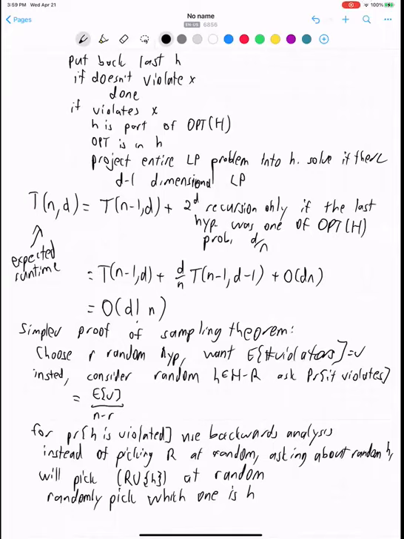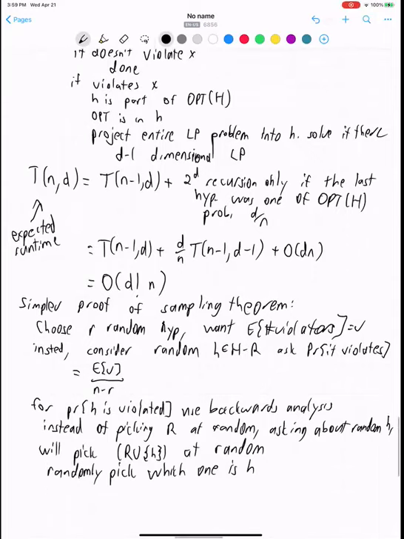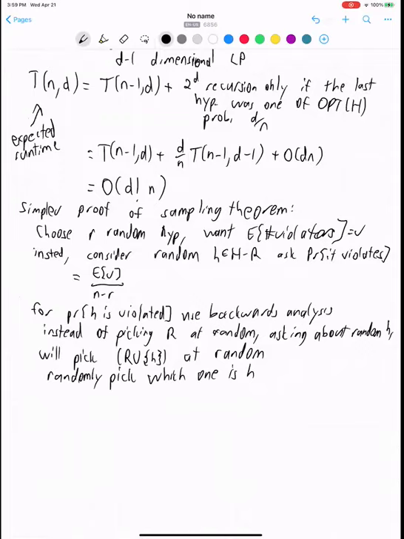Okay, so everybody agree this is the same experiment? If I pick R union H at random, that is, I pick R plus one hyperplanes at random and then pick one of them at random to be H, what is the probability that it is violated? So I have R plus one hyperplanes. I choose one at random.